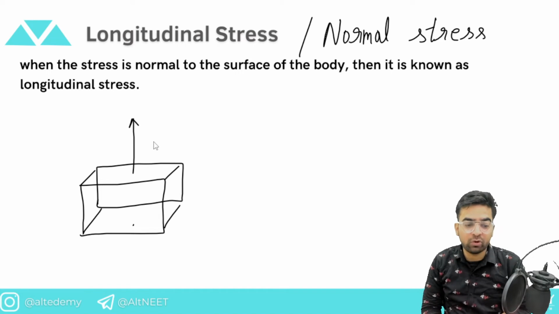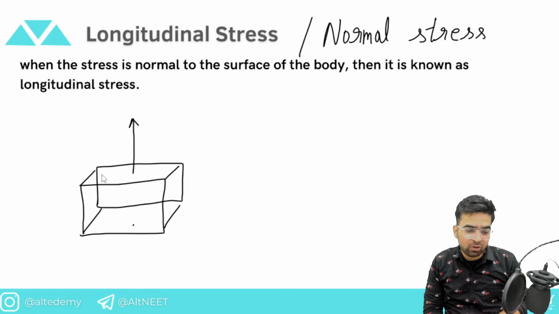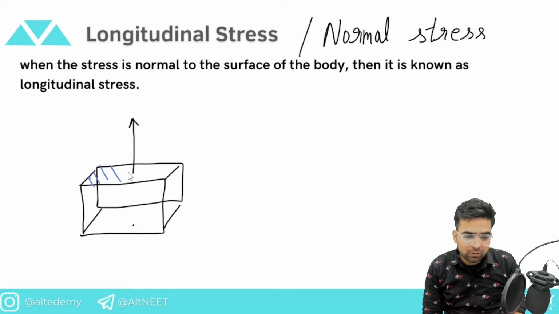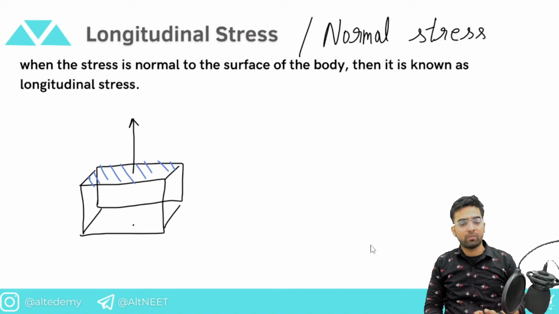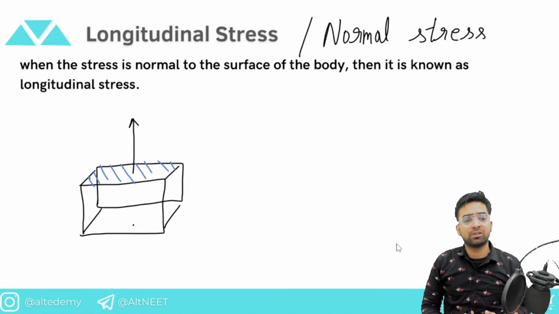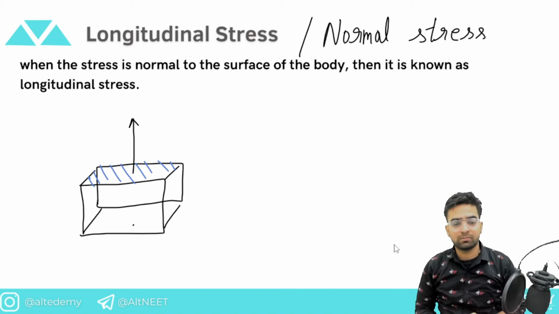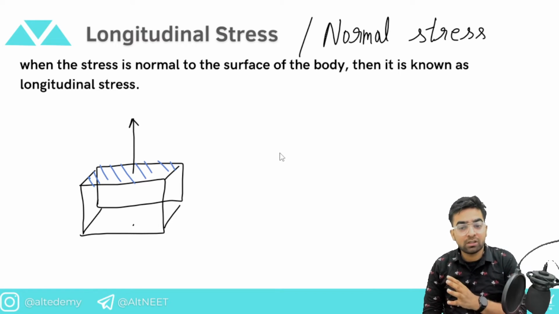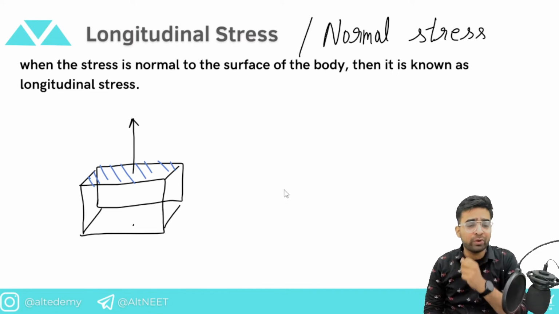So this force is acting normal on this upward surface. Then what is going to happen? It is going to stretch the length. That's why it is called normal stress.